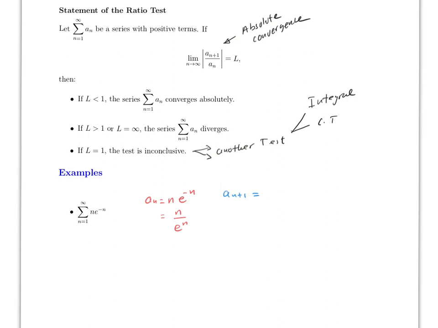So in this case, this will be n plus 1 divided by e to the n plus 1. Now, recall from algebra 1, algebra 2, pre-calculus, whatever, that e to the n plus 1 is the same thing as e to the n times e, just in case you forgot.